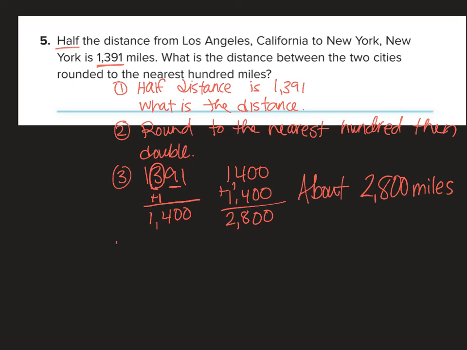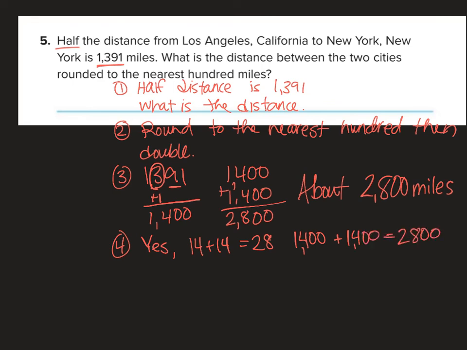Okay, step 4, check. Does my answer make sense? Yes, it does. And I'm going to do a different example than I've been doing, because I know that 14 plus 14 is 28. So therefore, 1,400 plus 1,400 equaling 2,800 makes sense, right?